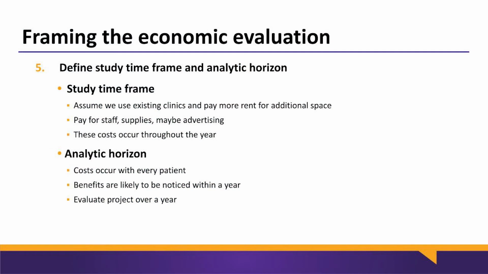Ideally we would like to have it over 2 years, but we should be able to see outcomes within 1 year. I think I misspoke earlier. So that's going to be our analytic horizon. Our time frame and analytic horizon will be over 1 year.